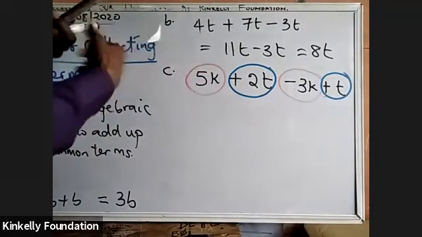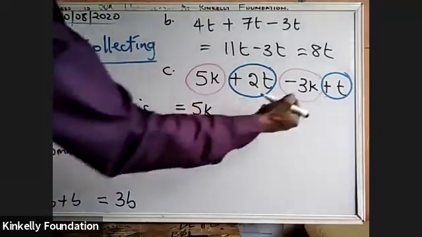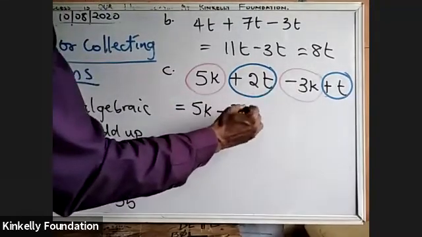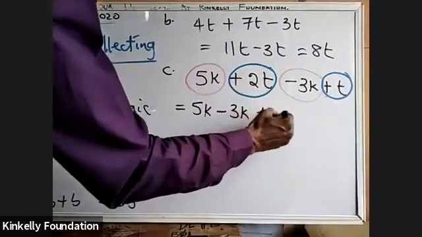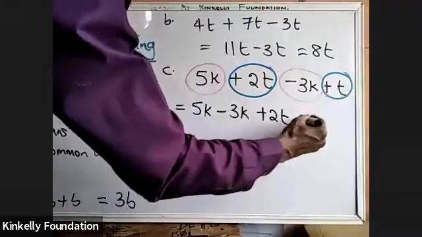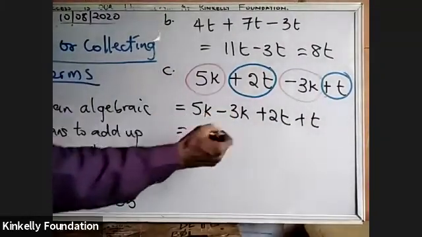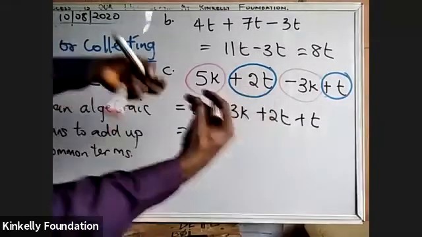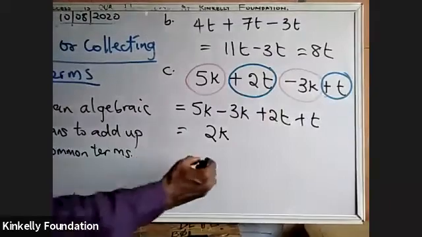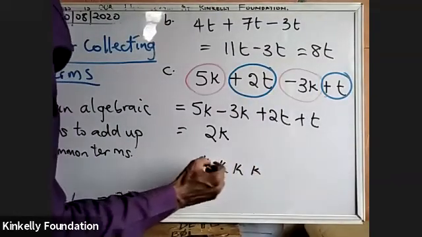We now say that 5k, we bring down 3k to meet 5k, plus 2t plus t. Now, this gives us what? 2k. 5k, you take away 3k. This is k, k, k, k.